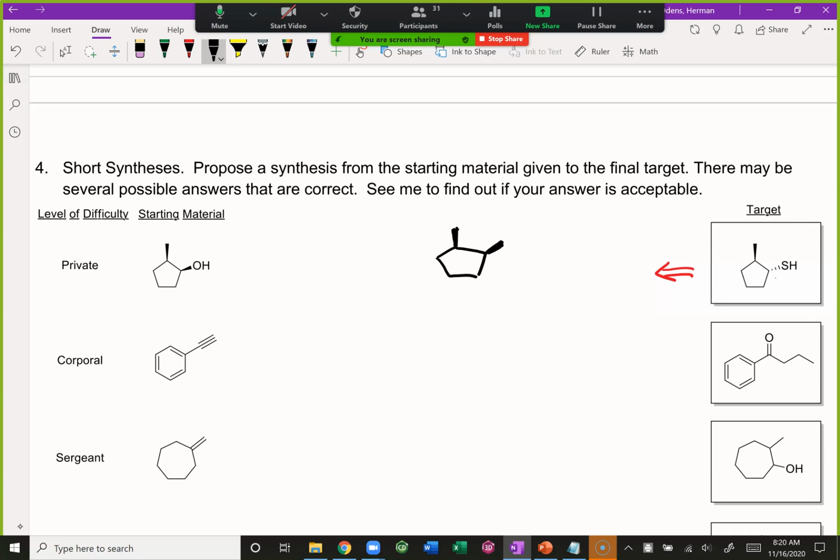And so any good leaving group, how can you turn an OH into a good leaving group? Make it a water. You could do it. Water will give you, that's a good idea. Water will give you an alkene, though. It'll be elimination.